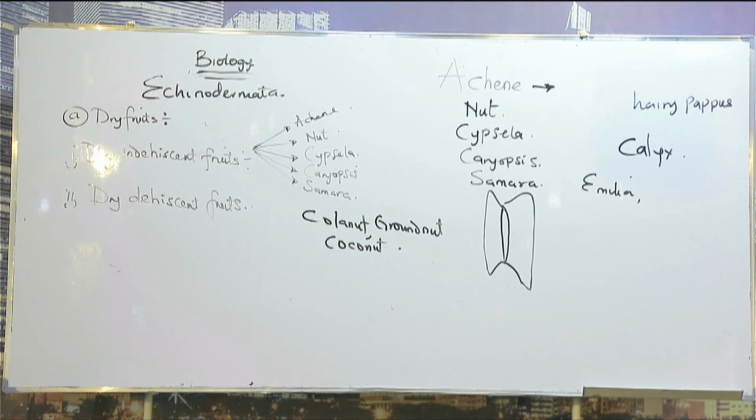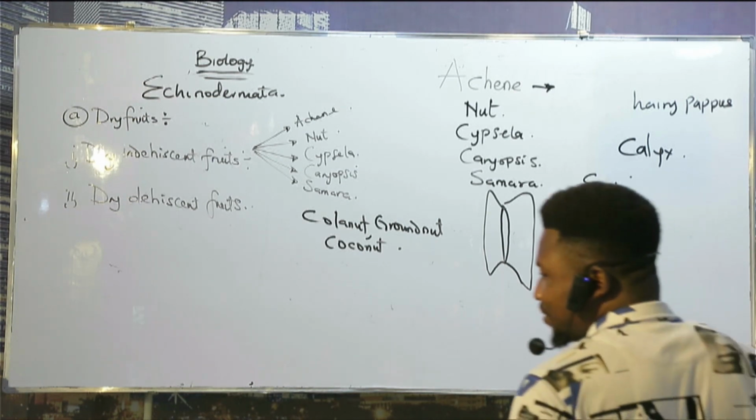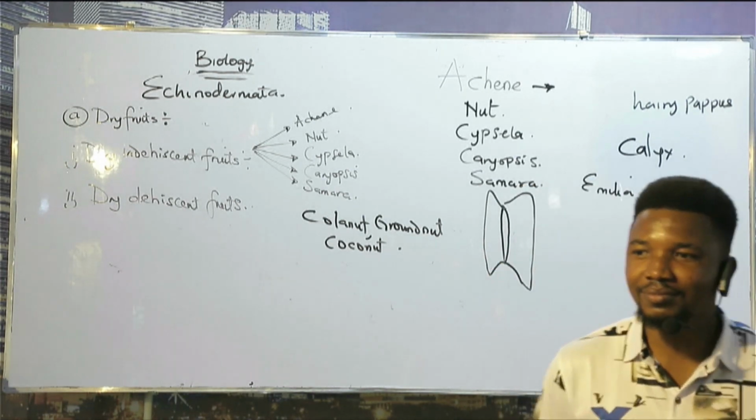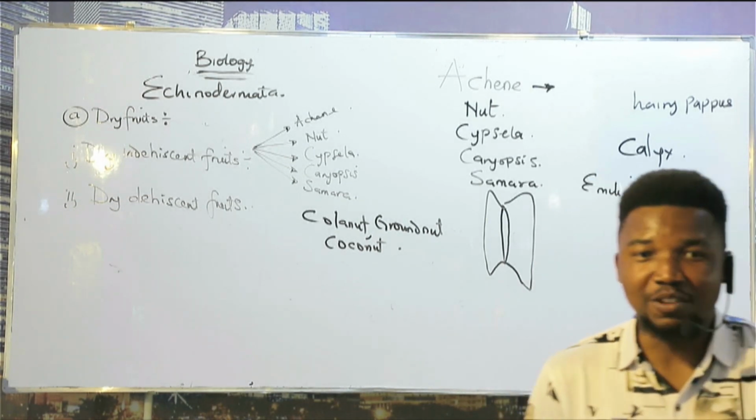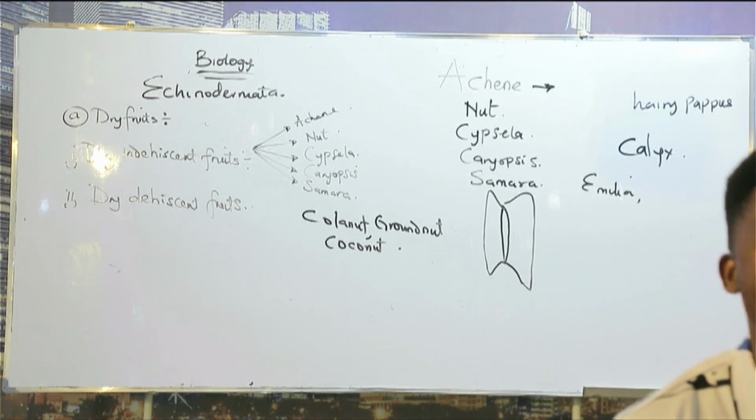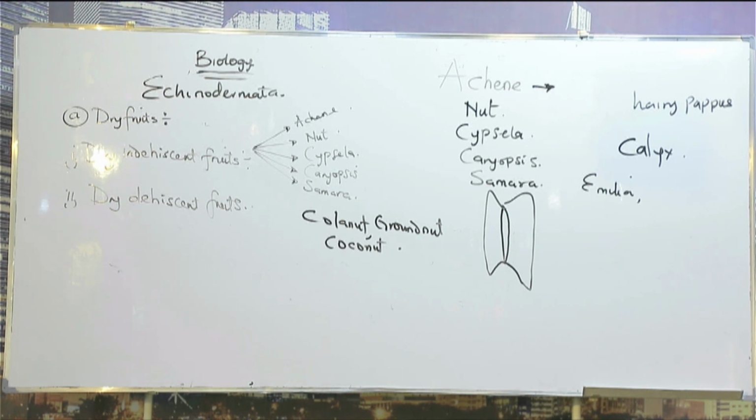What is a fruit, even? Let's define it first. It's a specialized structure that develops and protects the seed. So that yam tuber, is it a fruit? I'm not joking, what part of yam is a fruit?